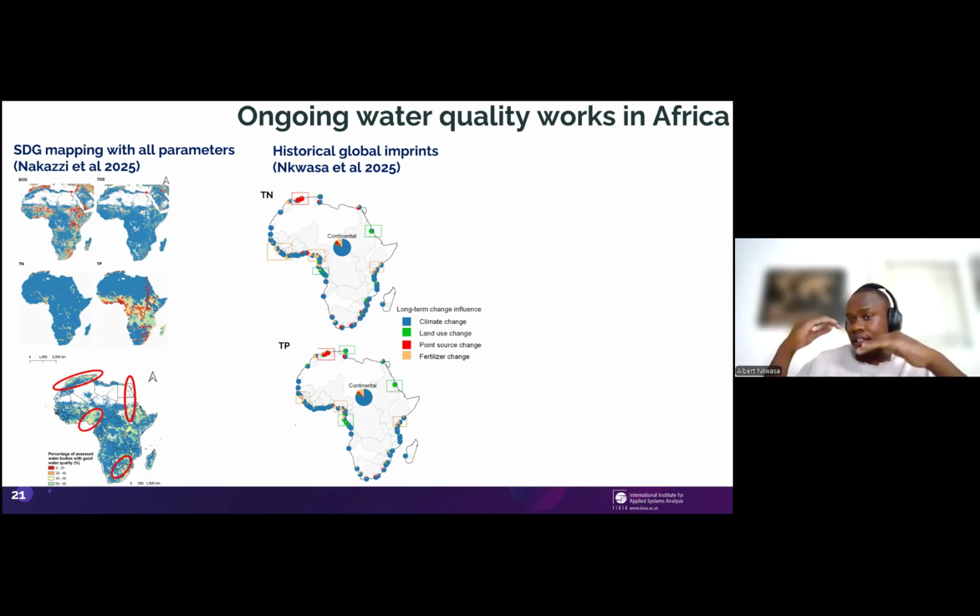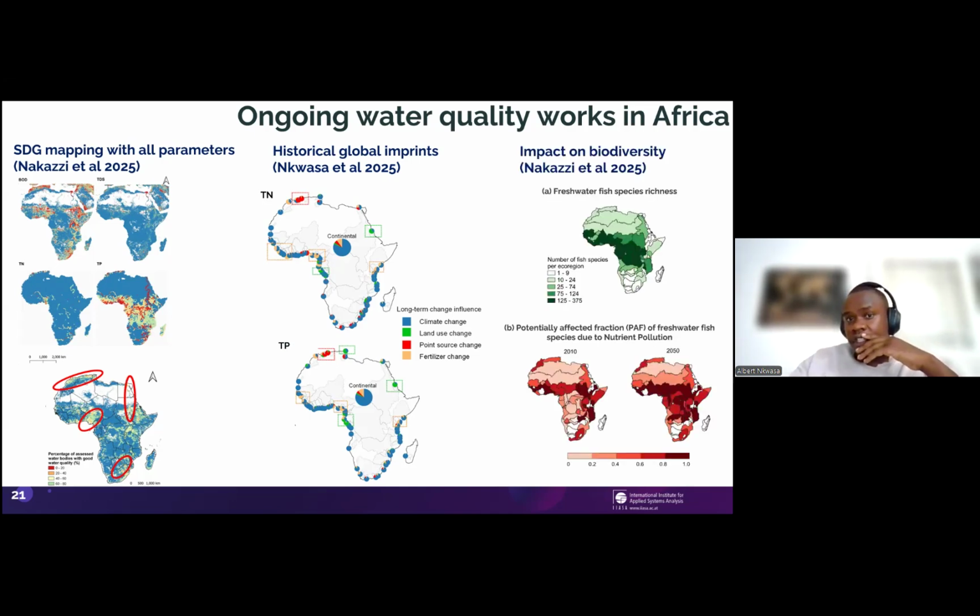So we disassociate climate change, land use, point source, and fertilizer change to see what could be driving nutrients within the African continent. We've also linked this nutrient pollution with biodiversity, specifically looking at freshwater fish species to see the risk of these nutrients on biodiversity. Most of this work is currently being reviewed.